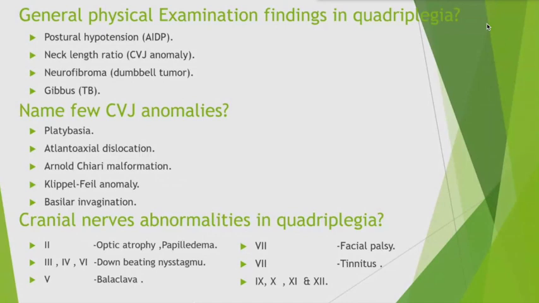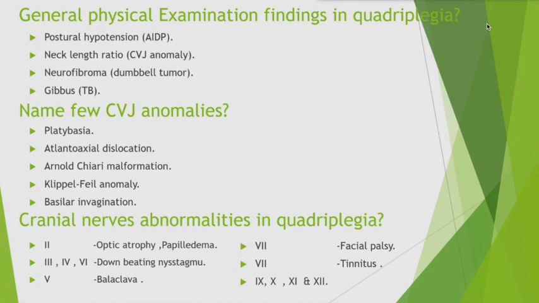There's a mistake there. It is nothing to do with the pupil. Nystagmus is an involuntary, jerky, rhythmical movement of the eyeballs when the eyes are fixed on an object.